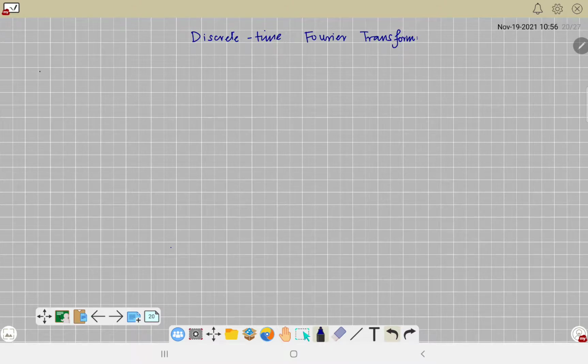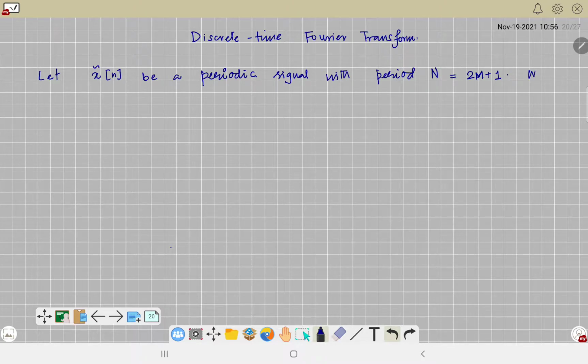Fine. So what I will do here is define a signal. Say let x tilde n be a periodic signal with a period N, and let N be equivalent to 2M plus 1. It has this many samples.